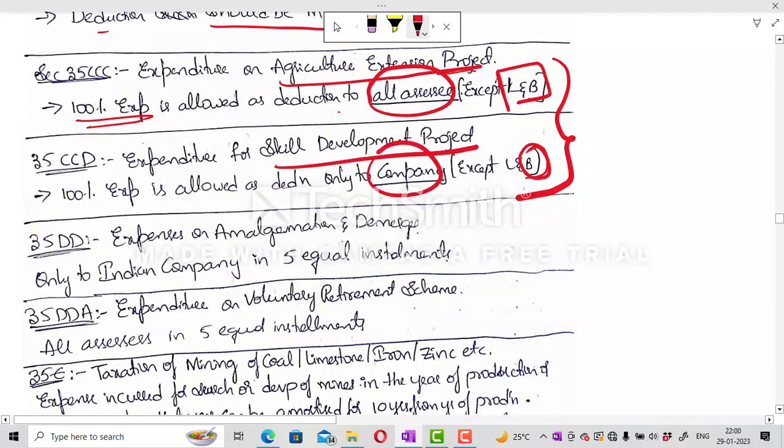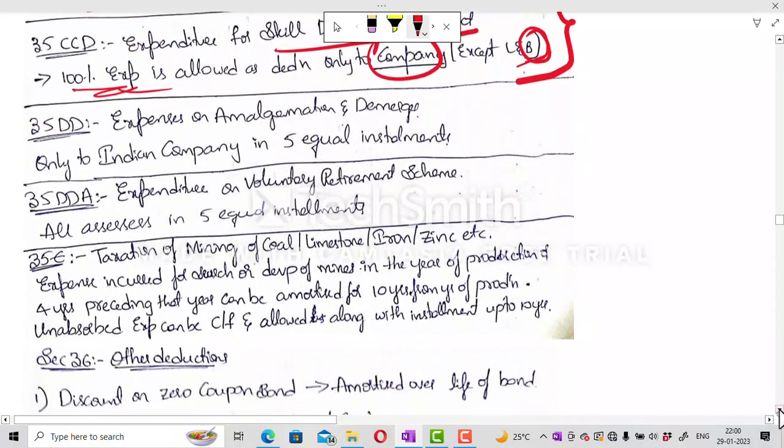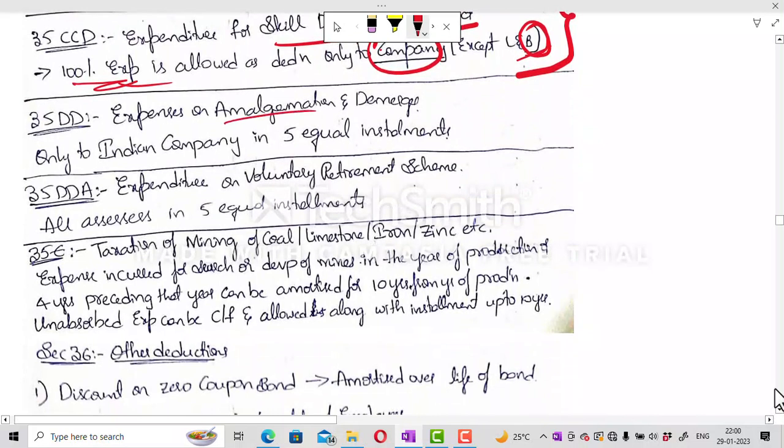It is available only to companies that invest in skill development. 100% is available, but not for land and building. And any expense on amalgamation or demerger is eligible for 5 equal annual installments, and it is available only to an Indian company, meaning a domestic company.